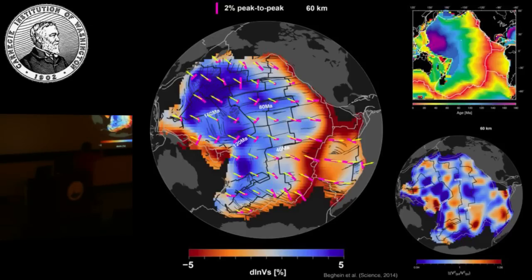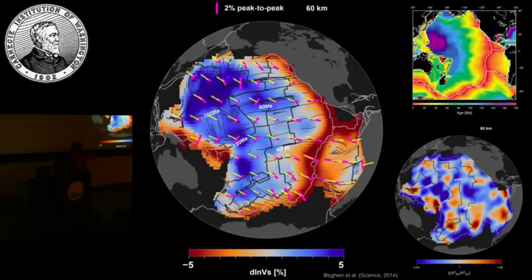We're going to focus mostly on this, and what we see at 60 kilometers depth is the fast direction. One thing I forgot to mention before I move on: we have these black lines here that represent age contours, so 40 million years here, 80 million years, 120, and 160 over here.